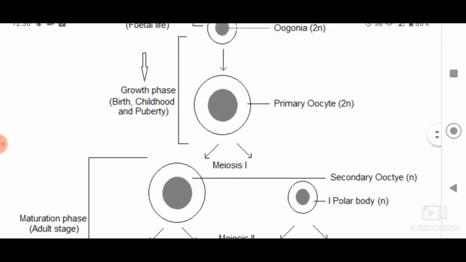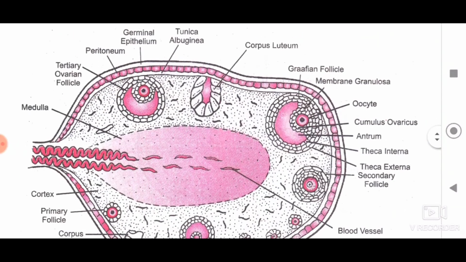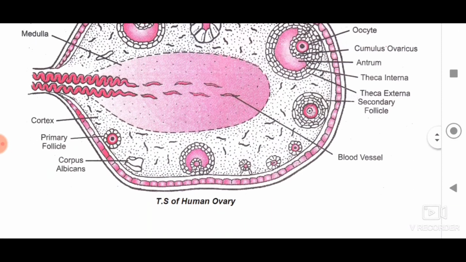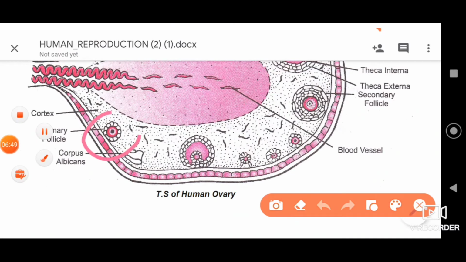This is the major important development which can be seen with respect to the growth phase. And you see the structure of the ovary here. They form the structures called primary follicles, which are surrounded by a layer of granulosa cells.